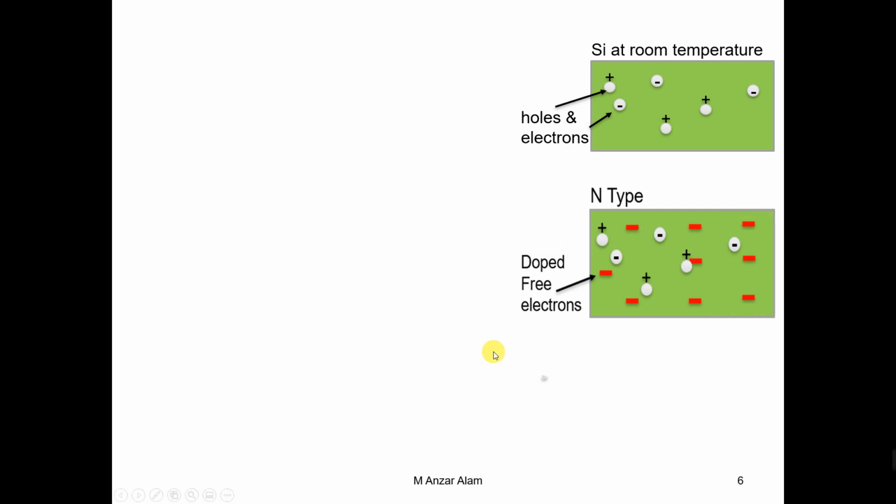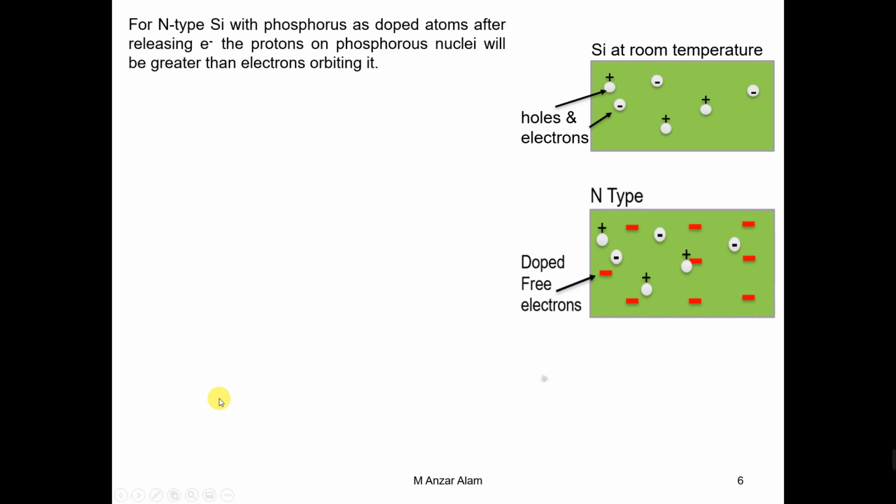This is the same figure here. So at the same time, we can say that for N-type silicon with phosphorus as doped atoms, after releasing an electron, the protons on the phosphorus nucleus will be greater than the electrons orbiting it.